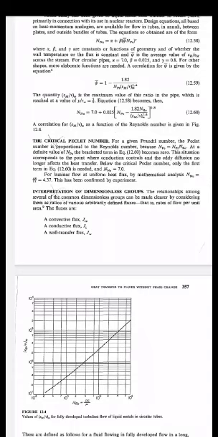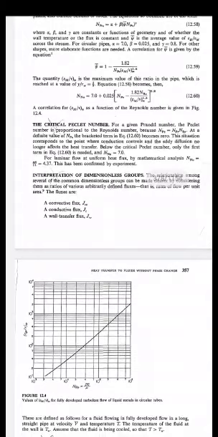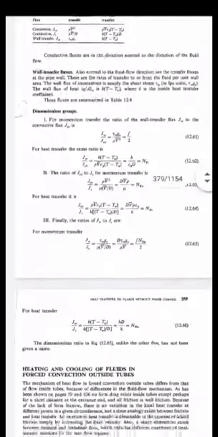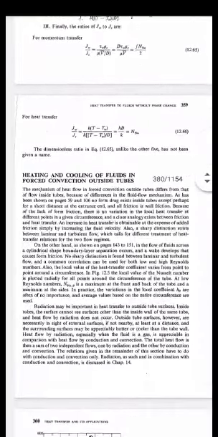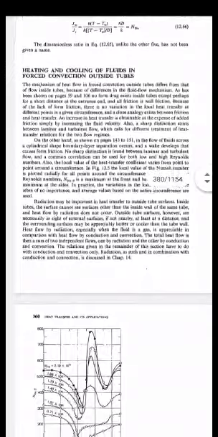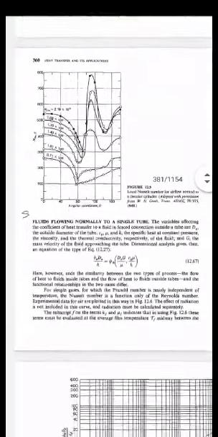You need to keep in mind which number is important from the respective point of view. The same point is going to repeat again. It is just for heating and cooling of liquid fluid in forced convection outside tubes. This graph I think we have already discussed.